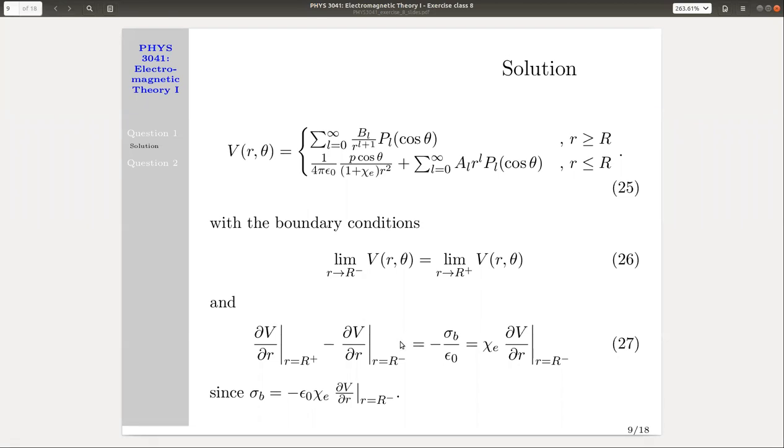And the next one is that the difference of the derivative of the potential equals minus the surface charge density over epsilon naught. And as we have derived previously, the bound surface charge density is equal to this expression, and then we simply substitute it into the rho B here, and then we will get this expression.